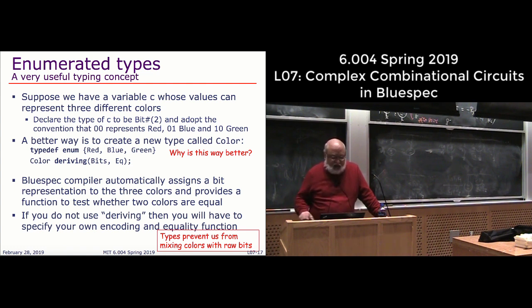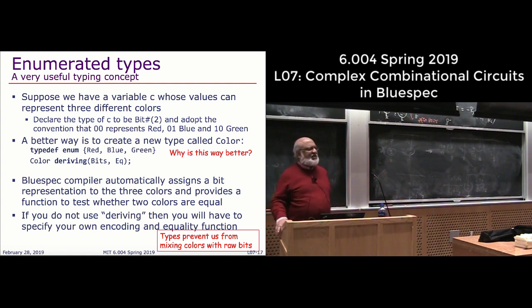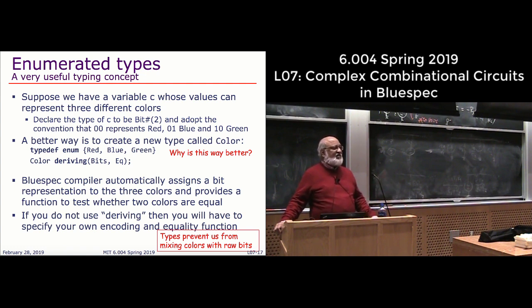Okay, so why am I doing this? Bluespec compiler will automatically assign a bit representation to this. It can do whatever it wants. It can say, representation of red is 1, 1. You wouldn't know that. And it can also automatically generate the equality function, because you may want to test if two colors are the same.